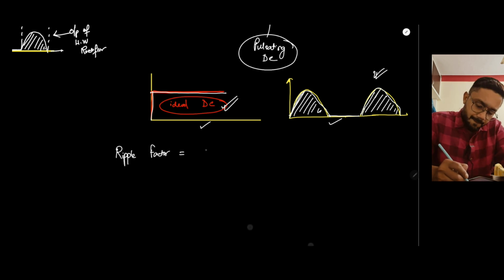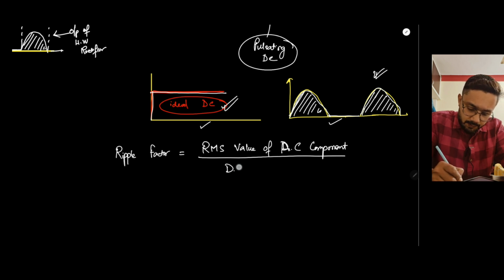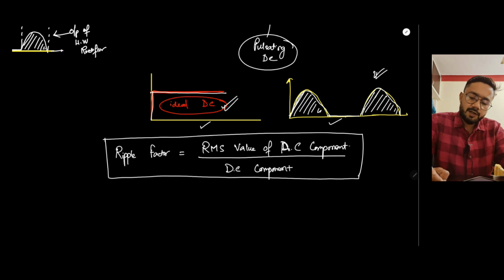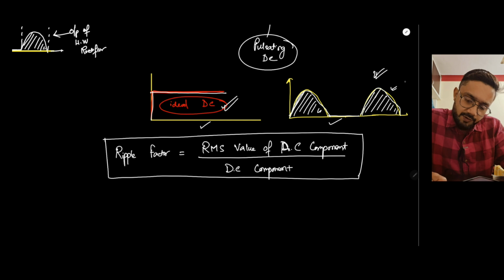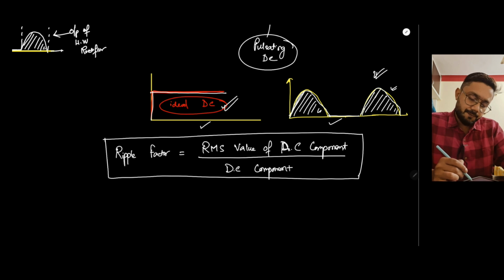The ripple factor is the ratio of the RMS value of the AC component to the DC component.